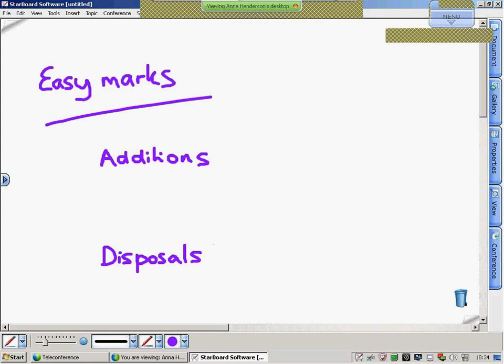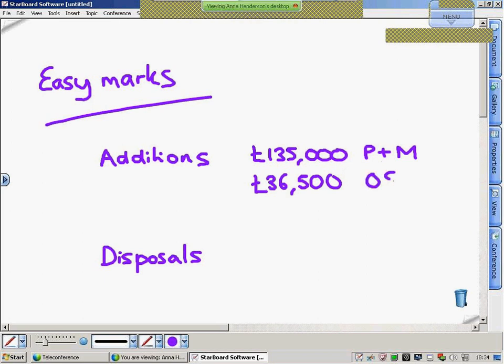So we've mentioned that we've got £135,000 of plant and machinery, we've got 56,500 of equipment, and we've got 29,200 of assets under construction.